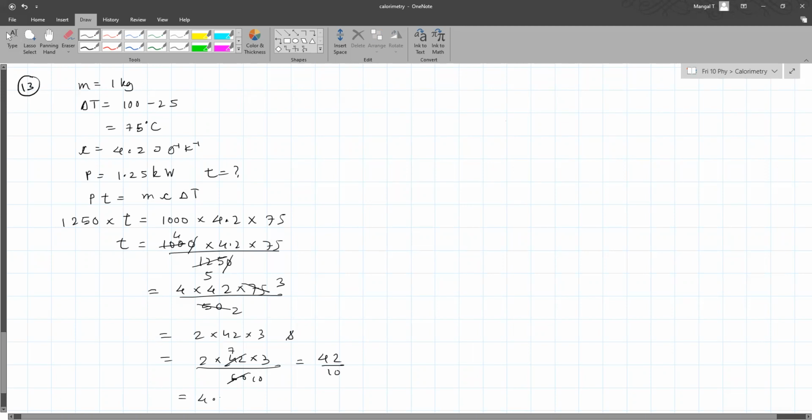So that will be 4.2 minutes, or you can write it as 4 minutes and 0.2 minutes will be 0.2 into 60, and that will be 12 seconds. So 4 minutes and 12 seconds. So either write your answer this way or this will be 42 into 6, that will be 252 seconds.